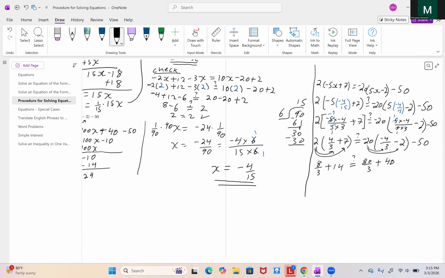So we remove the parentheses. Now we have minus 50. So this here is 8 over 3 plus 14 times 3 over 3, so they have the same denominator, equal to question mark, 80 over 3 minus 10 times 3 over 3.